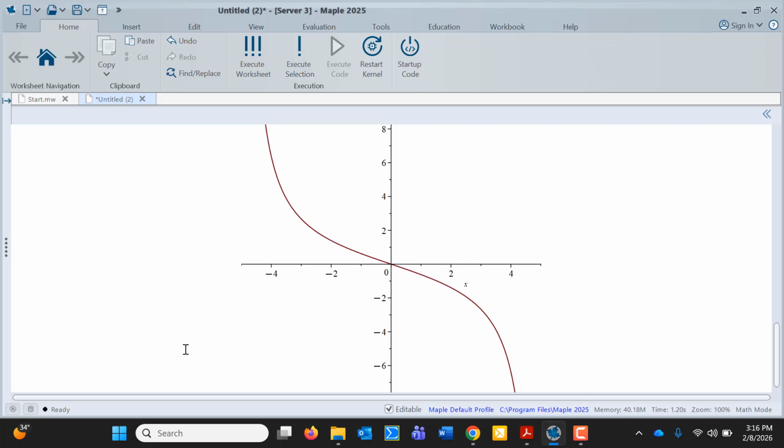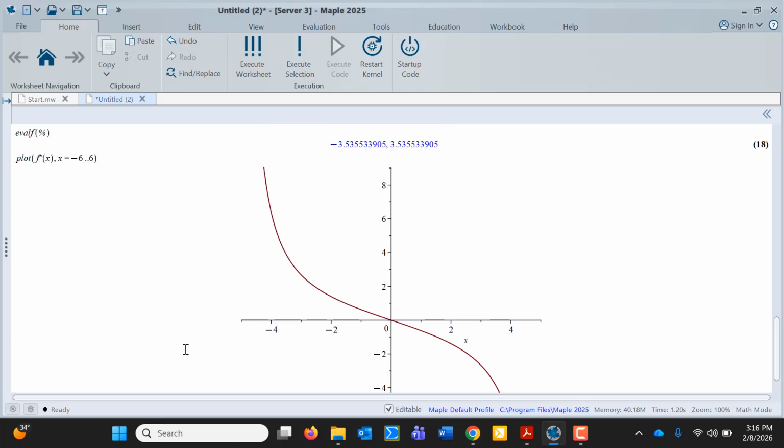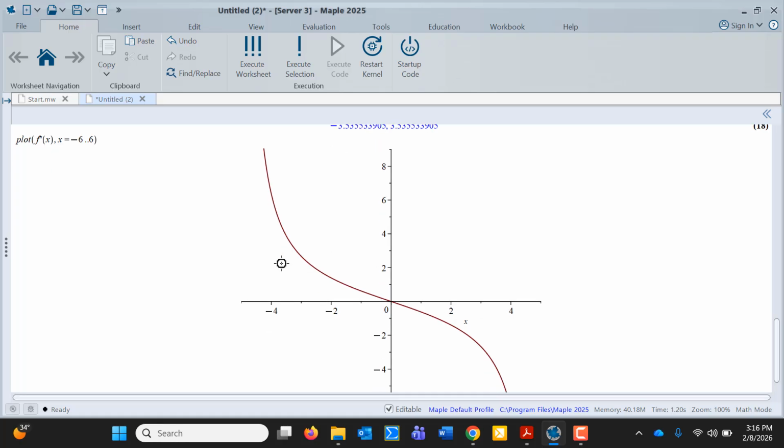When you look at this graph, we have our f double prime, and the only point on this graph where the second derivative is 0 is right at 0. So we can kind of predict that that's going to happen right at 0.